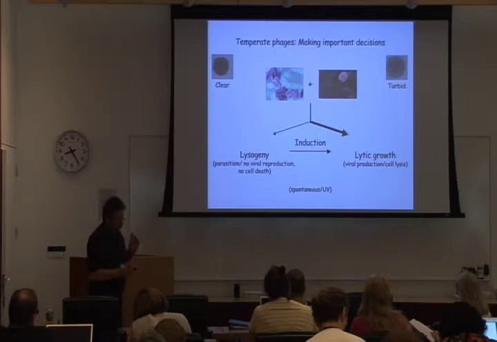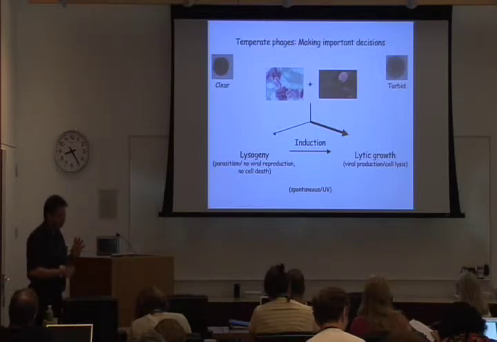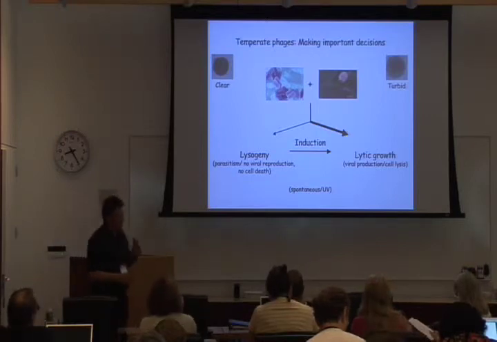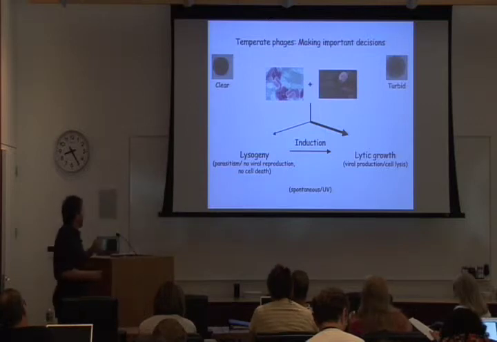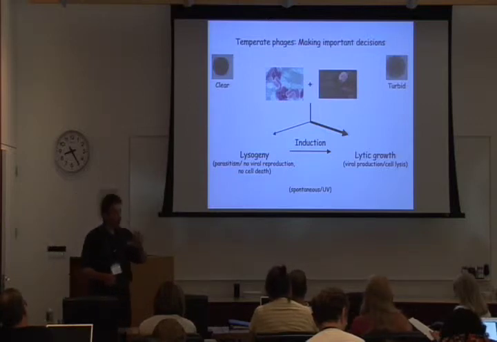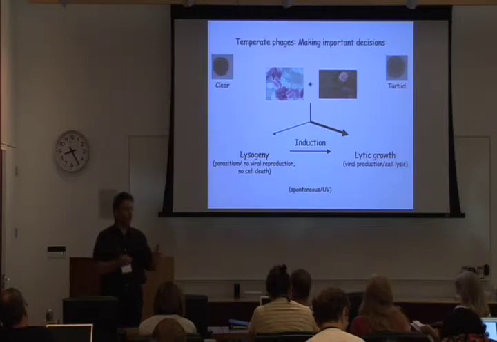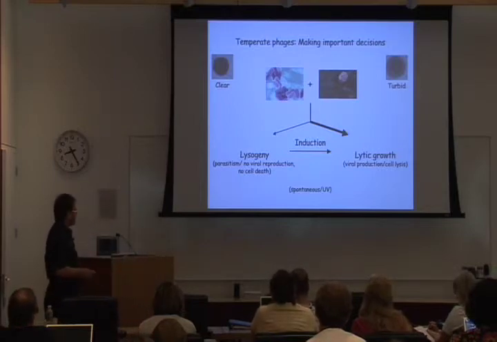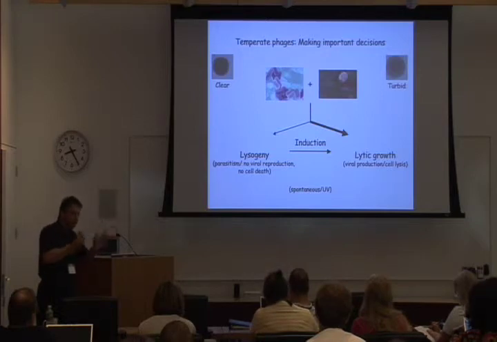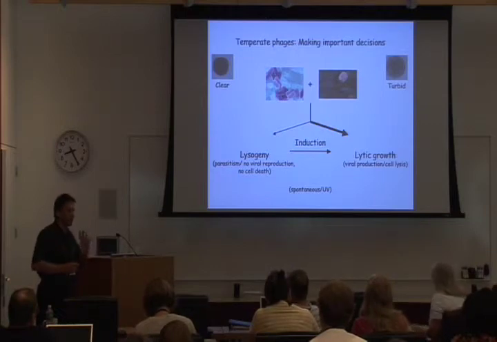And there are a large set of bacteriophages which can establish a state that is known as lysogeny. And phages that are able to form lysogens, as well as going through lytic growth, are referred to as temperate bacteriophages. And I'm going to take a couple of minutes and just describe how the lysogenic state and the establishment of the lysogenic cycle differs from lytic growth.